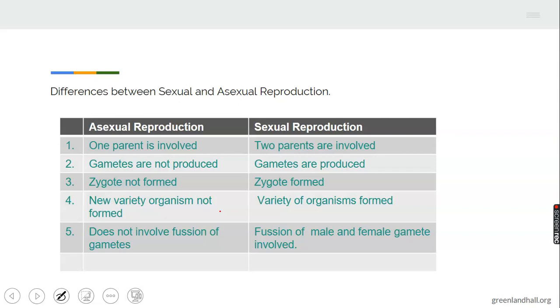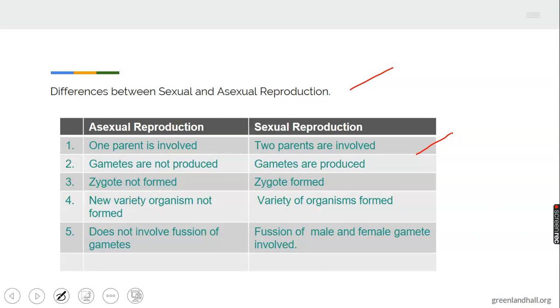Now, let's look at the differences between sexual reproduction and asexual reproduction. One: during asexual reproduction, one parent is involved, and sexual reproduction will have two different organisms, male and female, coming together.